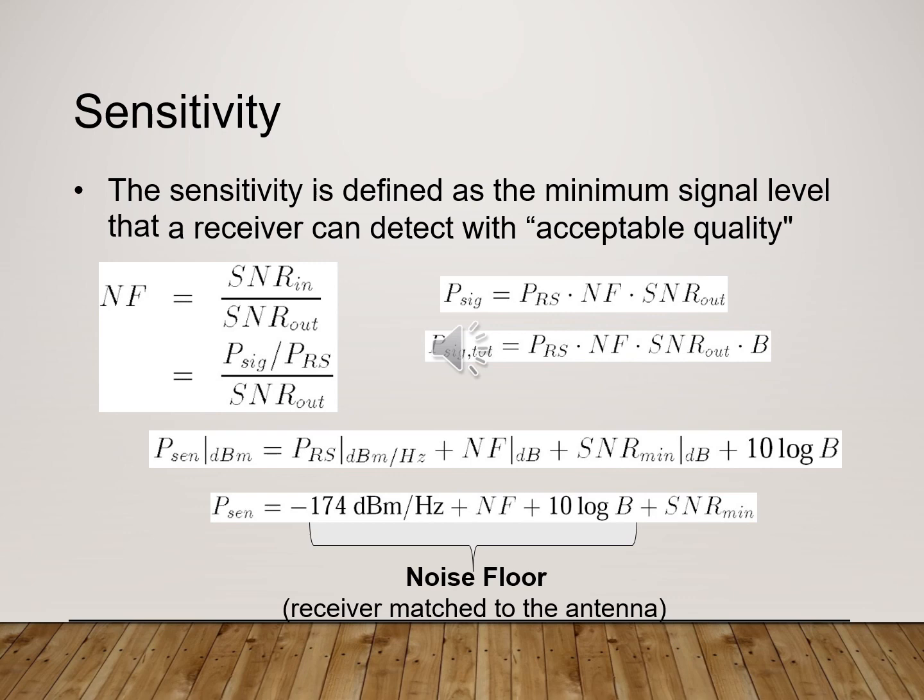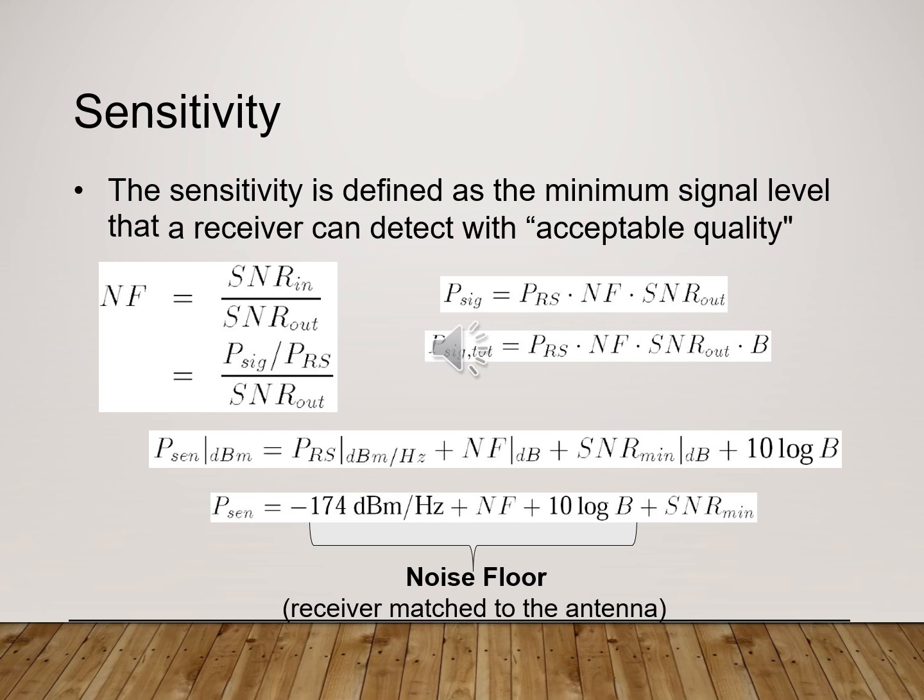So we found that the noise power is equal to minus 174 dBm per hertz. This number comes from kTB: it is the Boltzmann constant with room temperature, 293 Kelvin. If you convert to dBm, you will find about minus 174.